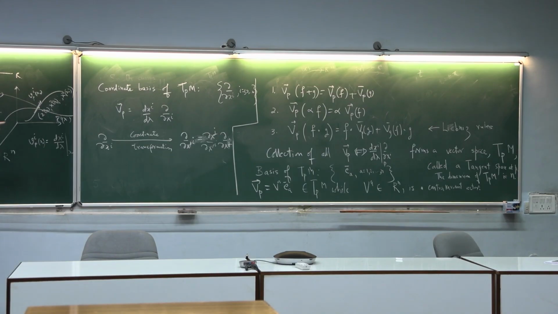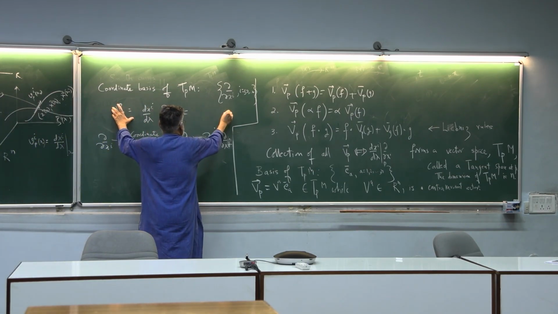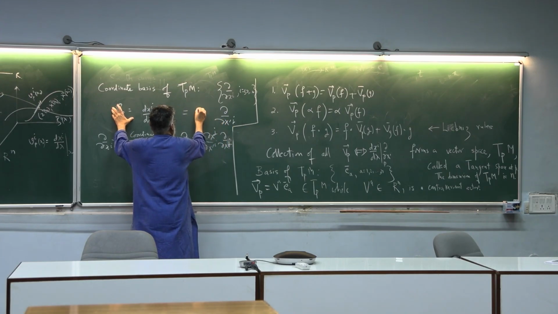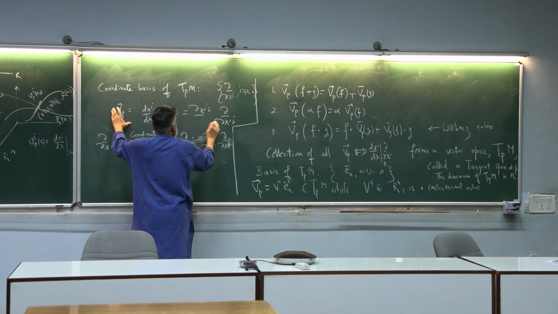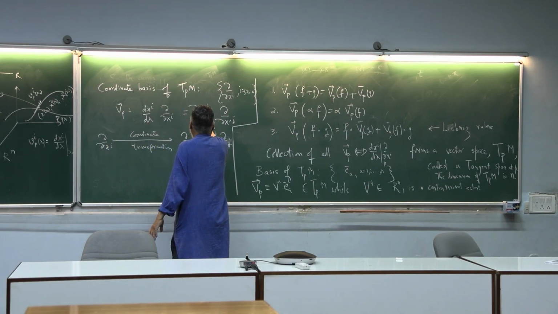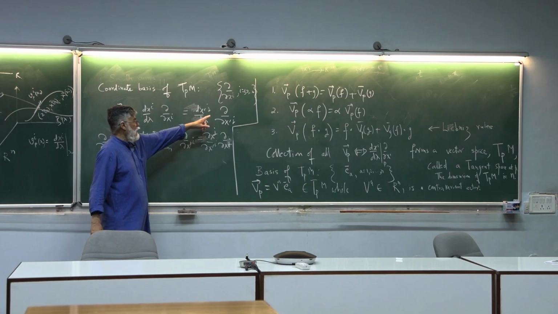Because the same V_p can now be written, it will not change, in terms of del by del x prime j, where j is being summed over. Okay. And the curve is the same, so dx prime j by d lambda.